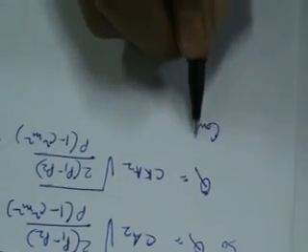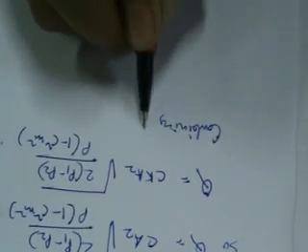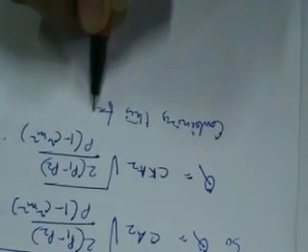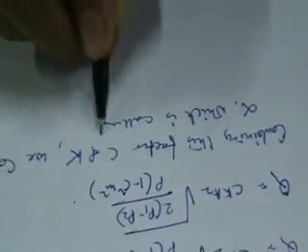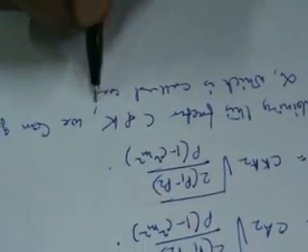Combining this factor C and K, we get another factor, alpha, which is called the coefficient of discharge.